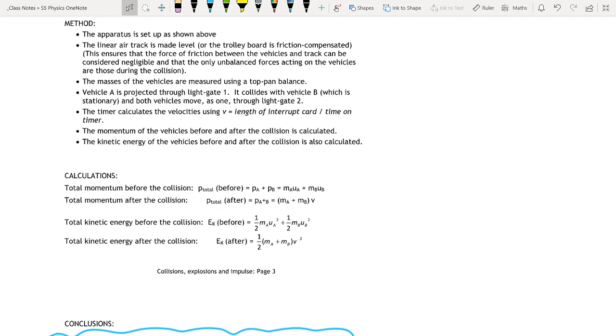The momentum afterwards, because they join together, is the total mass of both of them times the speed that it moves off at. And the kinetic energy before is half times mass times the initial speed squared of A plus half times mass times the initial speed squared of B, which is 0. Then the kinetic energy afterwards is half times the total mass times the speed of both of them moving at the same time.